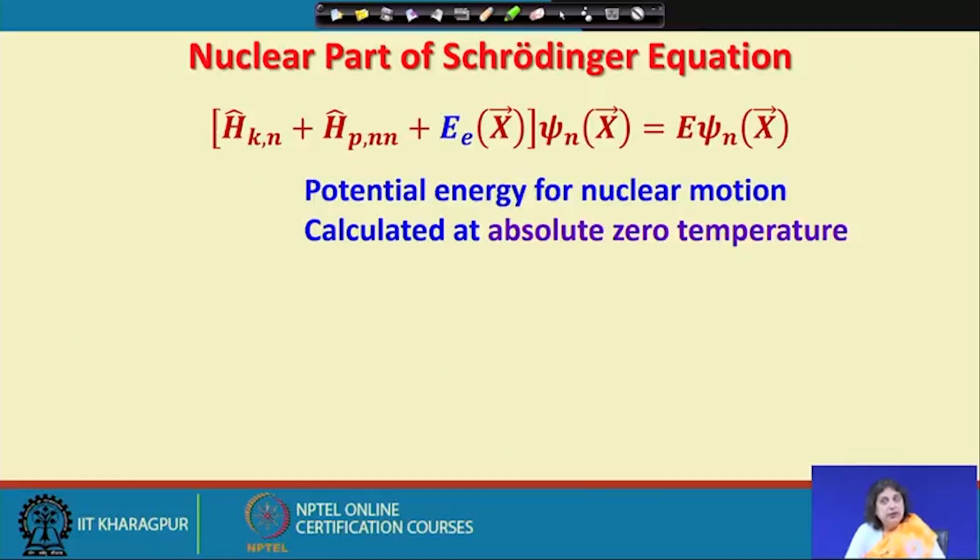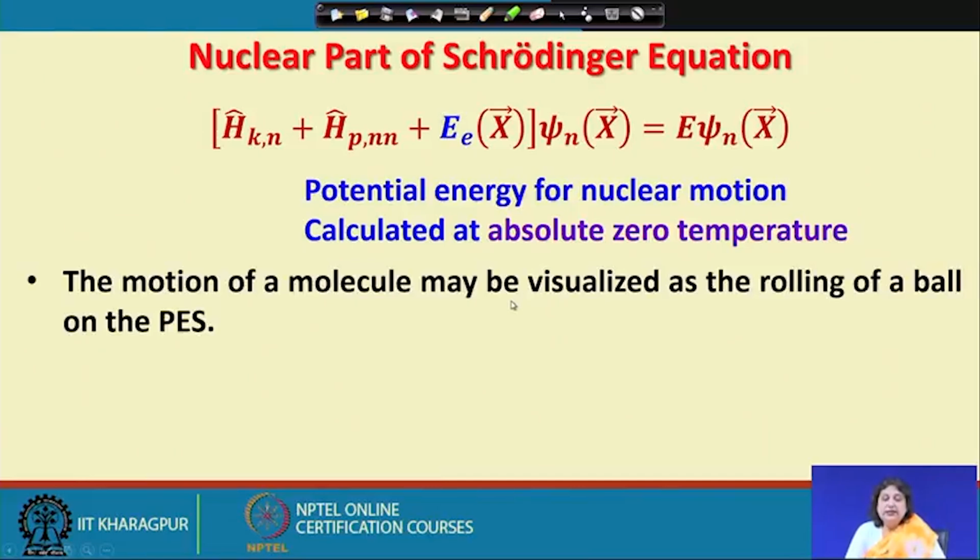But please remember, there is no temperature in the Schrodinger equation. Therefore, whatever I have solved here has been calculated at T equal to 0 Kelvin. So, the potential energy surface that I get is a valid description of the interaction between the different parts of the molecules at 0 Kelvin.